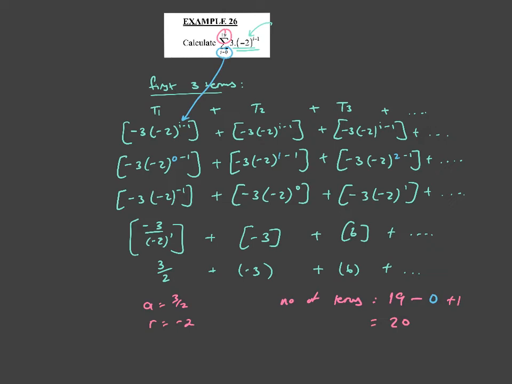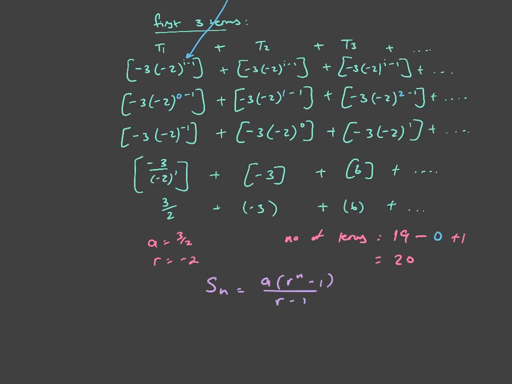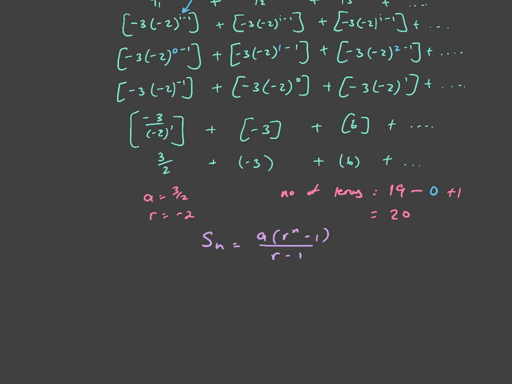Then we just use the appropriate formula. It's a geometric sequence, so we're going to use Sn equals a times r to the n minus 1, over r minus 1. Let's go for it. So it's the sum of the first 20 terms, a equals 3 over 2, r equals -2, so it's -2 to the power of 20, minus 1, over -2 minus 1.